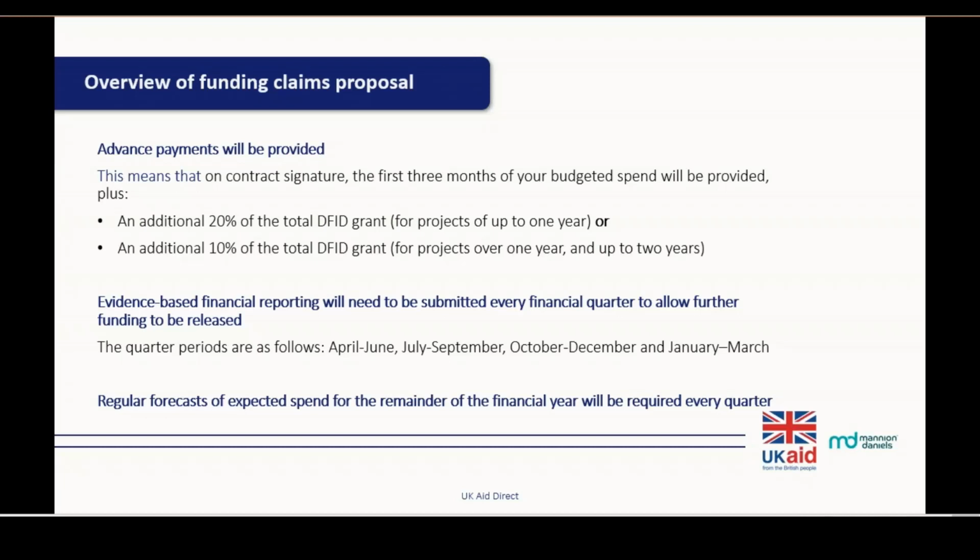This is to give you working capital to allow for the processing time between you submitting a financial report and us making payment for the next quarter. So it shouldn't mean that you are having to cover costs from your own organisation's pot of money.